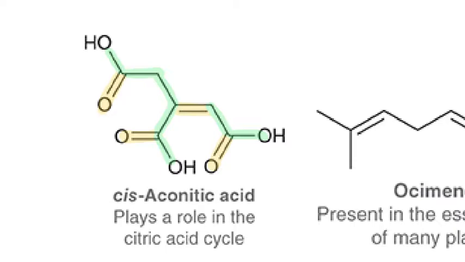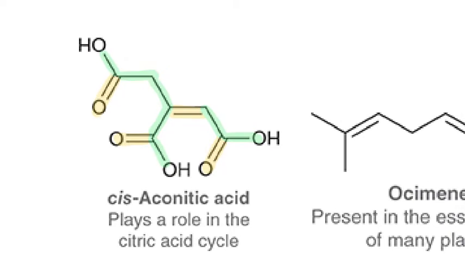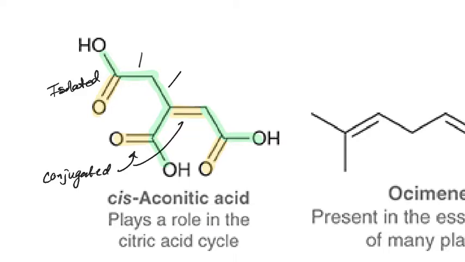The double bond here on the far left is isolated because there's single and single. The double bonds in the right side are actually going to be conjugated. The three of these together, because you have double, single, double, single, double.